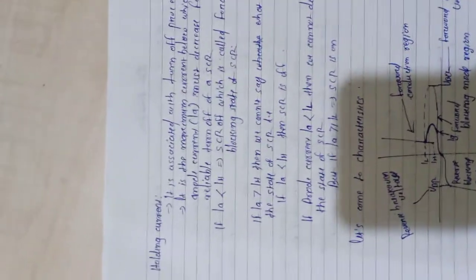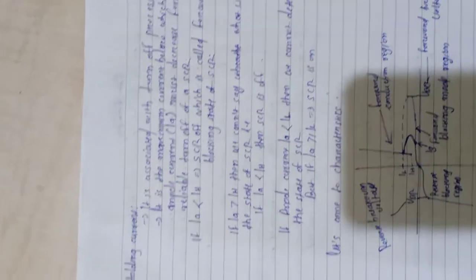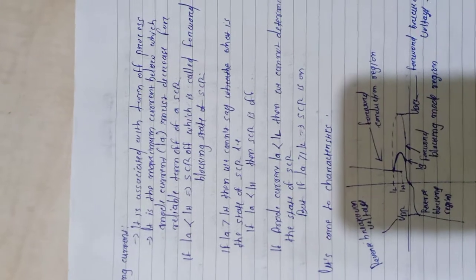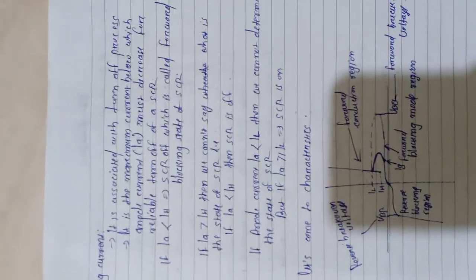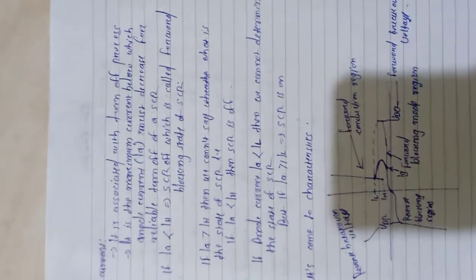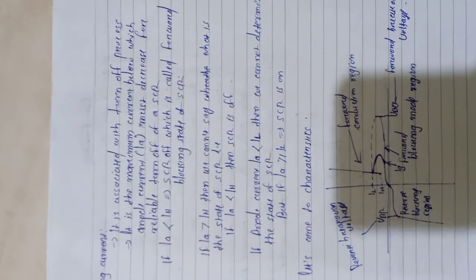If we want to turn off an SCR, we have to apply a commutation circuit. So what will the commutation circuit do? It will apply a reverse voltage across the SCR. That reverse voltage will decrease the value of anode current.